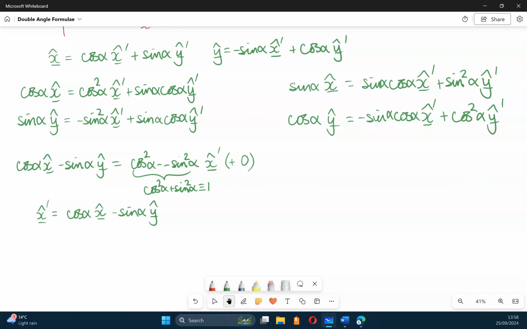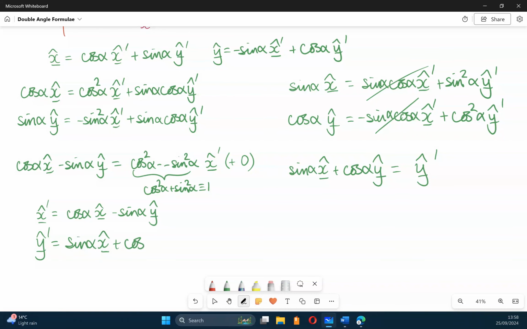So now if we add these together, we get sine of alpha x hat plus cosine alpha y hat. And this is equal to, well, this cancels out, and sine squared plus cosine squared is 1, so we just get y prime hat. So we found this expression for y prime hat now: sine of alpha x hat plus cosine of alpha y hat.